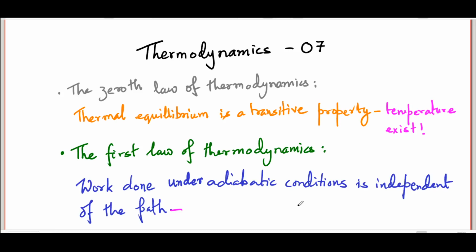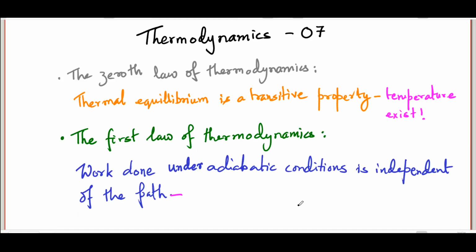Before we go into how the statement of work done under adiabatic conditions being independent of the path leads to the concept of the internal energy, let me briefly remind you of something we have also covered earlier in this series: a quick recap of some concepts which we borrowed from mechanics as far as work is concerned.